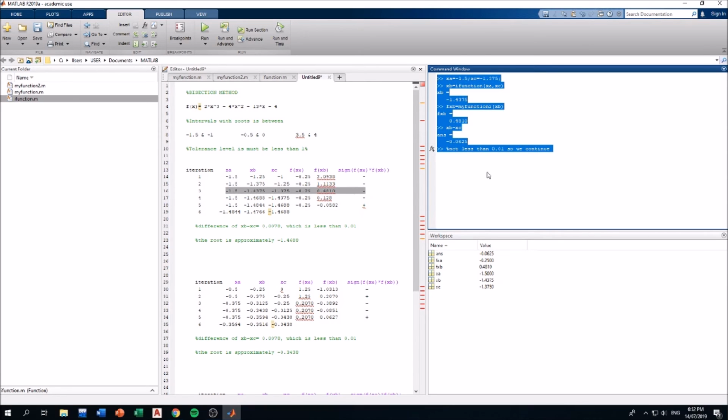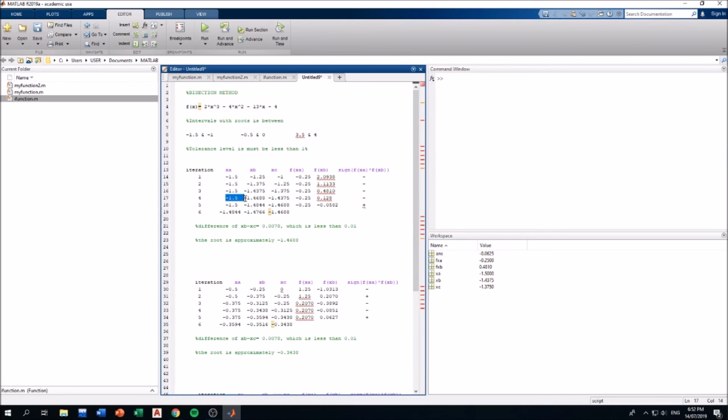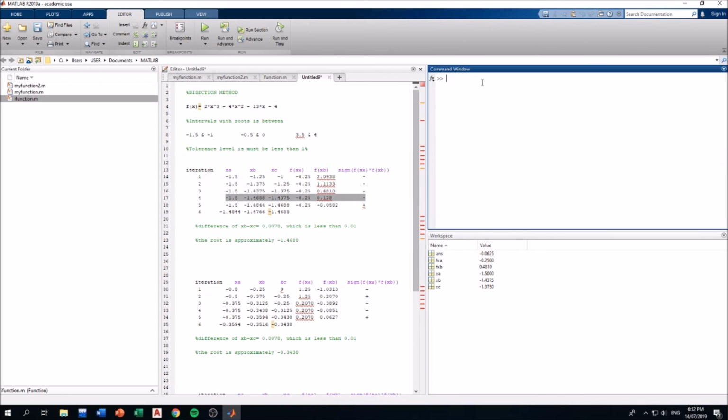So moving to the next iteration, we still make use of x sub a as is because it is negative, and then we make use of the previous x sub b as our x sub c, negative 1.4375.